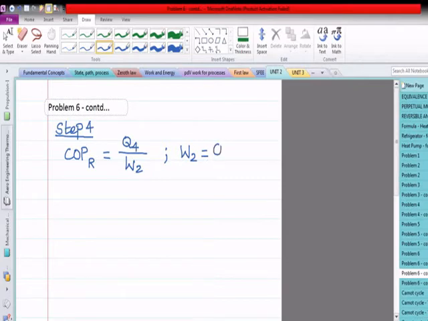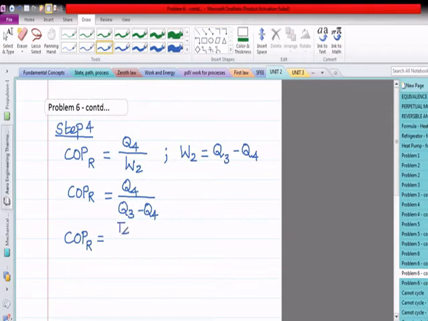Heat rejected by the refrigerator is Q3, heat absorbed by the refrigerator is Q4. So COP of refrigerator can also be written as Q4 divided by Q3 minus Q4, or in terms of absolute temperature, just replacing the heat transfer terms Q3 and Q4 by T3 and T4, I can write T4 divided by T3 minus T4.